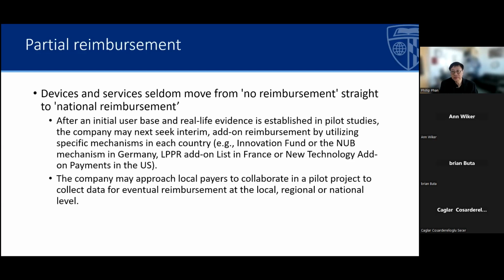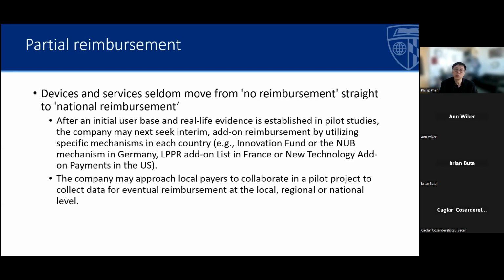Okay, so what you can do is develop a strategy that will allow you to seek an interim coverage, like an add-on reimbursement or an add-on payment in the US context. And a lot of jurisdictions have this kind of a scheme, right? So in the US, there's something called the New Technology Add-on Payment, or the NTAP.